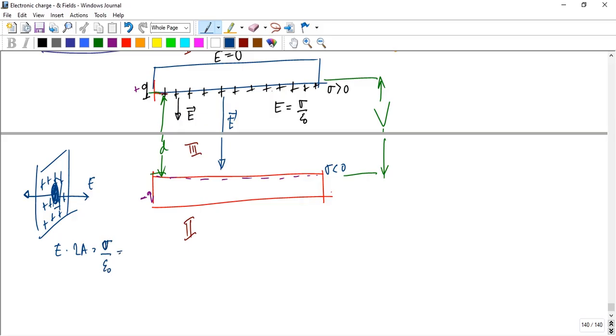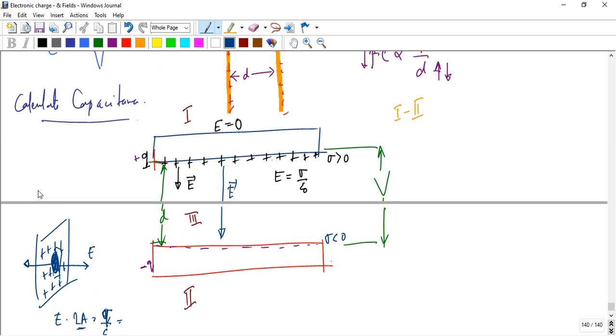So here that is Q, and Q means Q by A. Actually E dot A is equal to Q, so E is Q over A over epsilon naught, so Q over A is sigma, and E is sigma over twice epsilon naught.